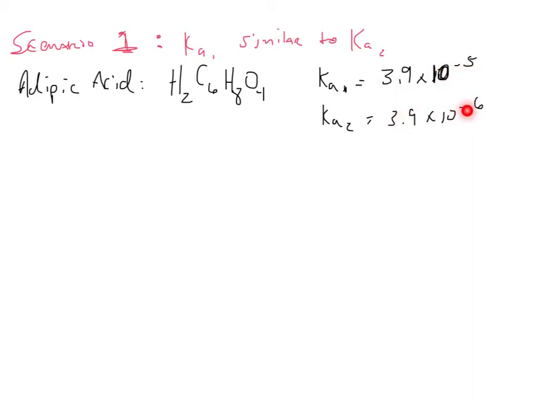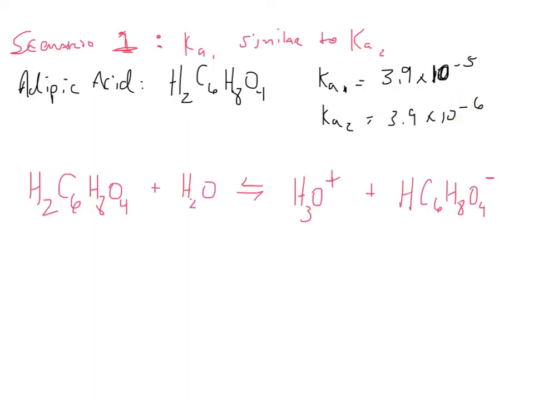All right, so there are two steps to this problem. We would use the first dissociation reaction, and let me pause this and write it. All right, here's my dissociation reaction: the acid plus water gives me my hydronium plus my conjugate base. Let's say we have a 1 molar solution of this.